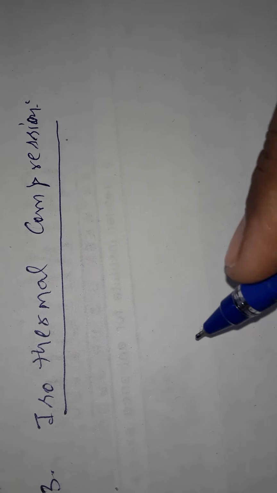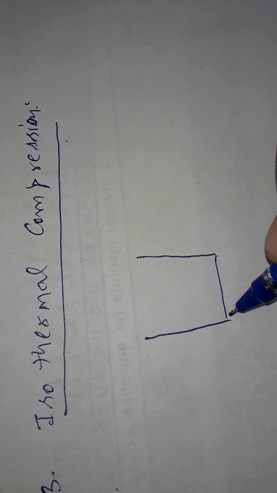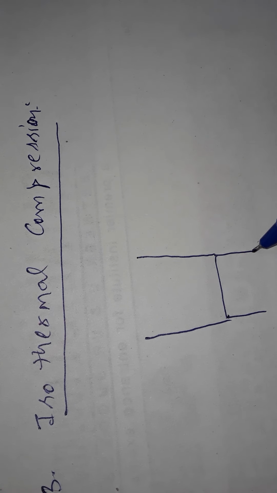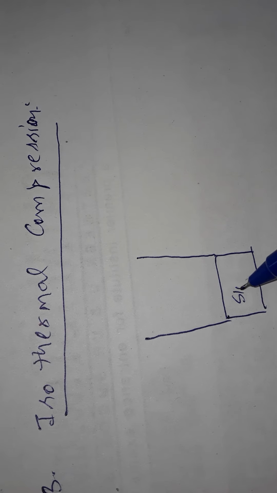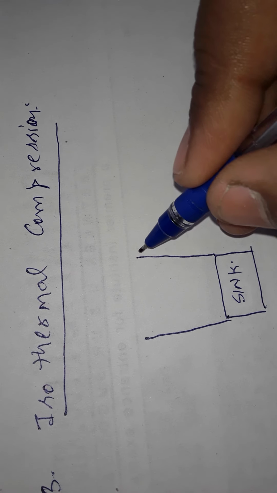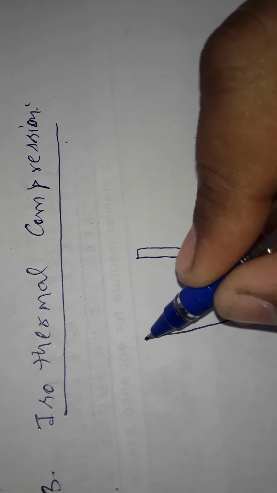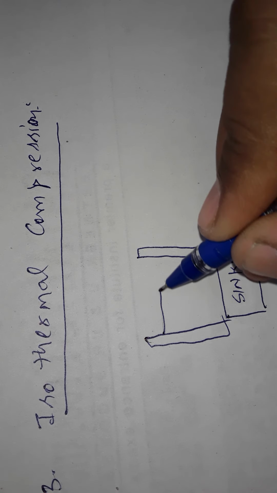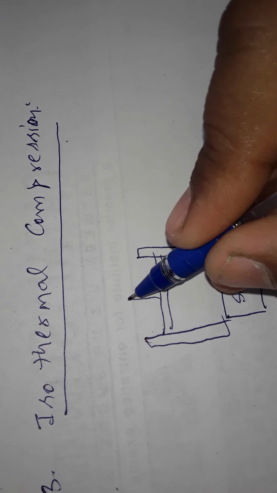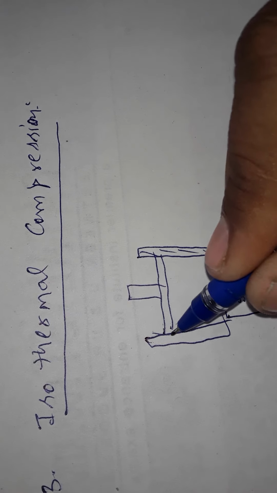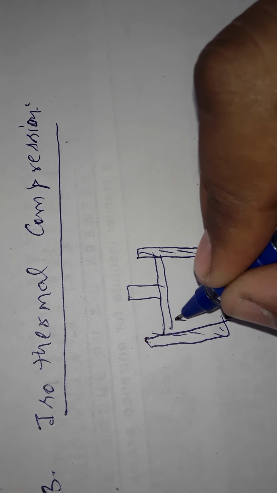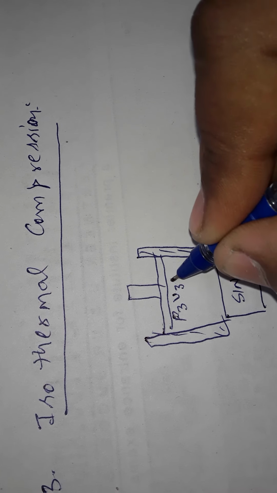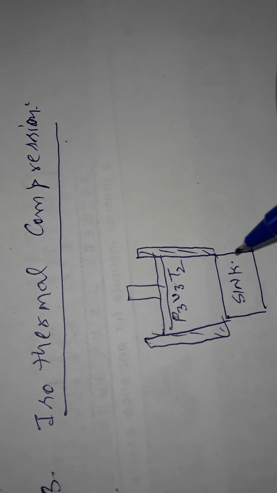The third step is isothermal compression. Now the working substance cylinder is placed on the sink, it has pressure P3, volume V3, temperature T2.